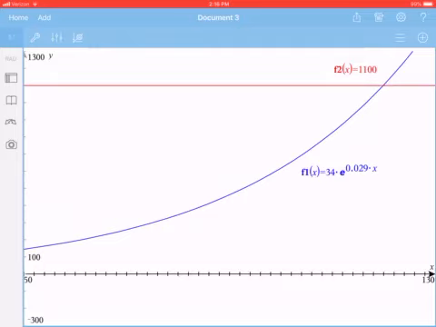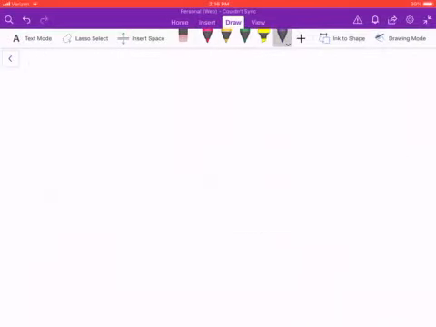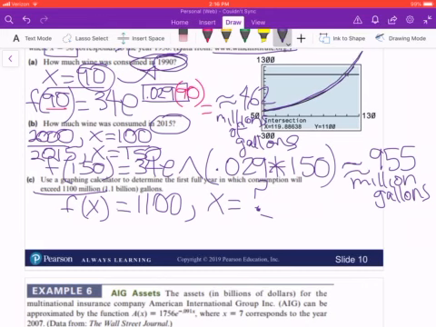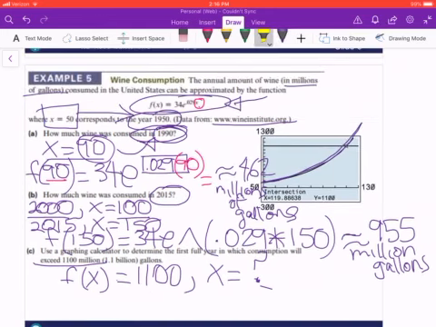Now, why do we do that? Well, because we want to find when f of x is equal to 1100, we want to find what x equals. And so the idea is that if you graph your first function, the one that we were given here, that would be this graph, and then the 1100 will be this horizontal graph, and it's similar to saying y equals 1100.